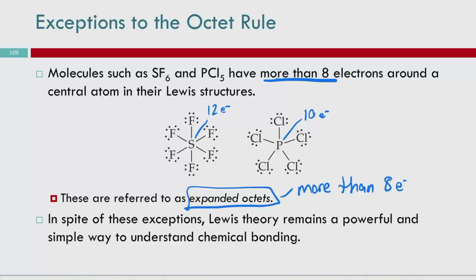On the Lewis structure worksheet, which I'll post at some point, there's a section for expanded octets. So unless I tell you that there's expanded octets by putting it in that section that says expanded octets, we're just going to assume that everything takes normal octets. If you're curious about why expanded octets exist, I'd be happy to explain that to you. Just come and ask.